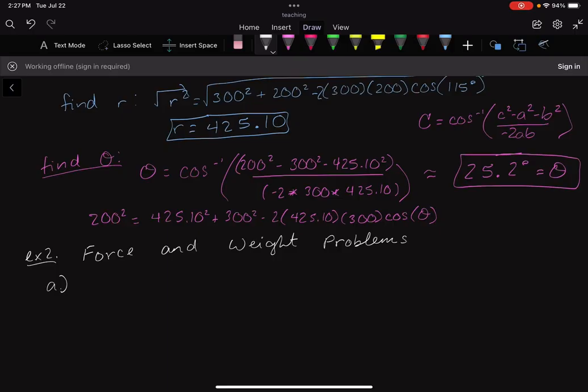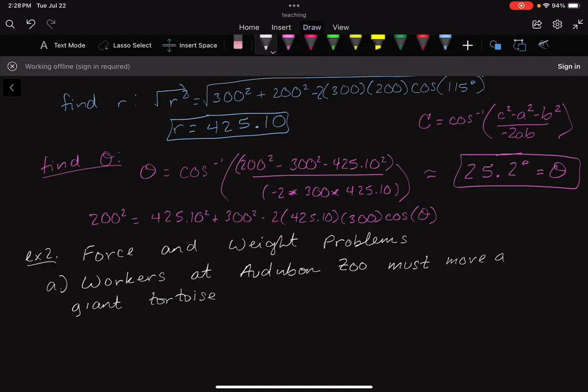So for the first one, it says the workers at Audubon Zoo must move a giant tortoise to his new home.